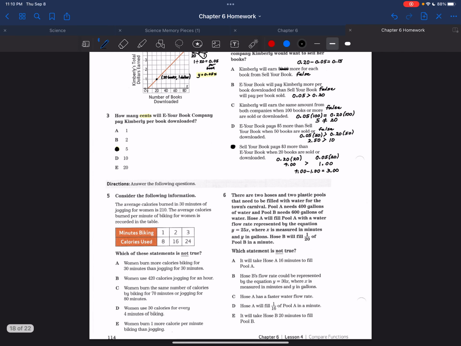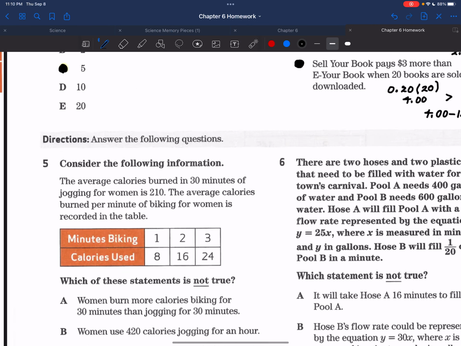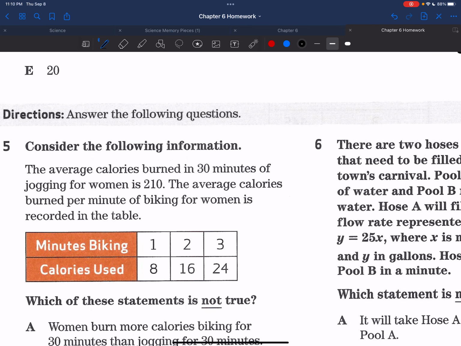All right, at the bottom, consider the following information. The average calories burned in 30 minutes of jogging for women is 210. The average calories burned per minute of biking for women is recorded in the table. Again, I want a unit rate. I always want a unit rate. So for jogging, the rate we're given is 30 minutes. That's time. That's the independent variable.